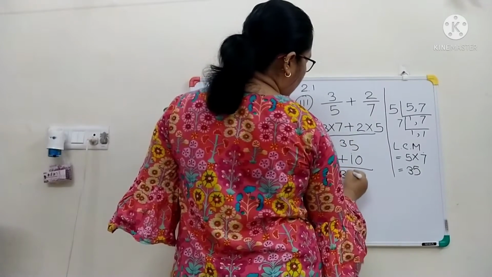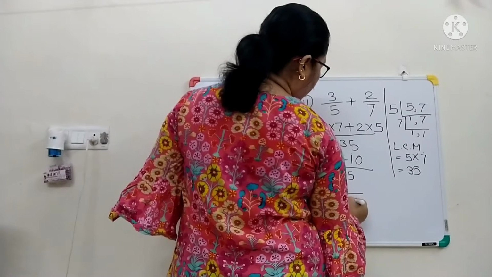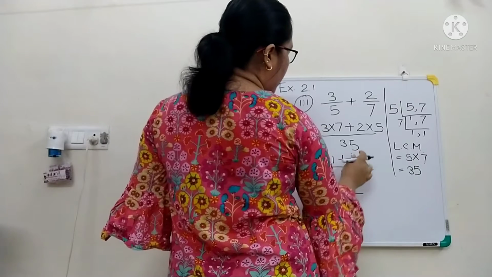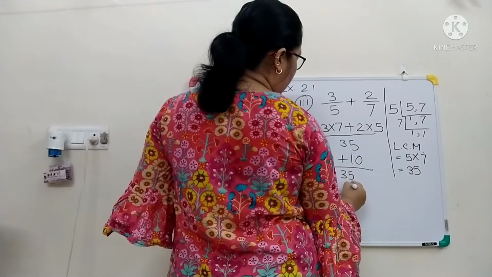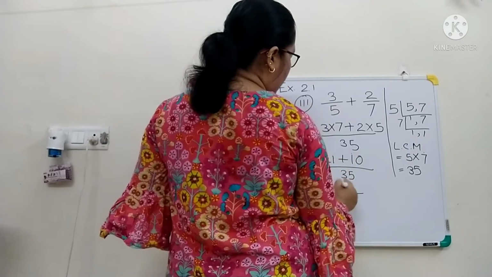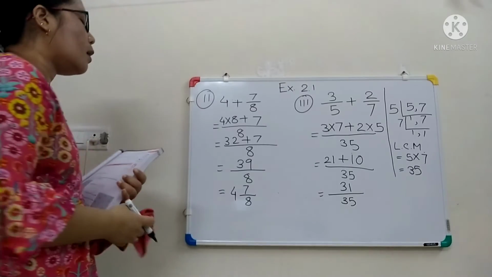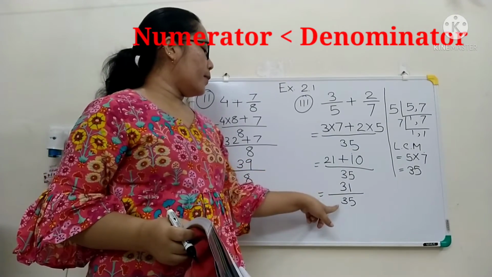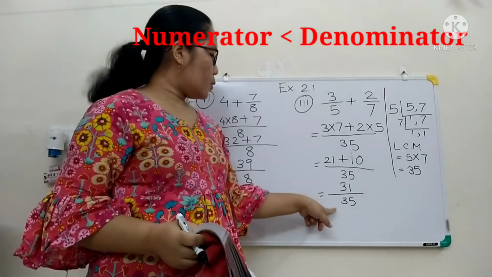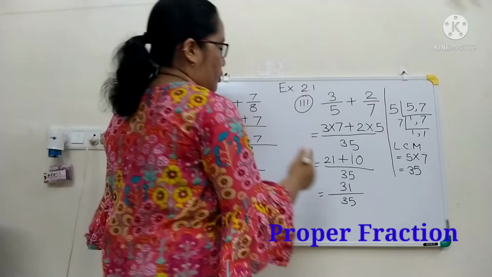Below we will write the same denominator, that is 35. Then we add 21 and 10, and you get 31 upon 35. And here the numerator is smaller than the denominator, so it is a proper fraction.